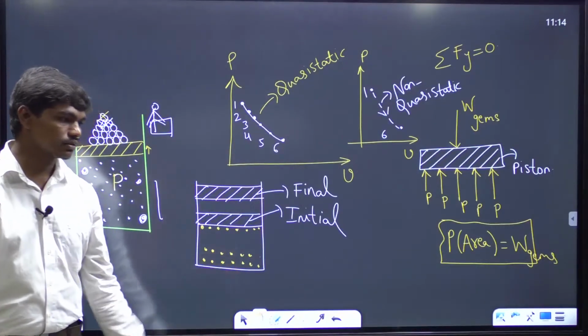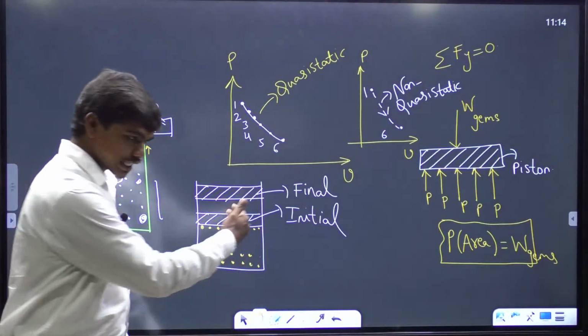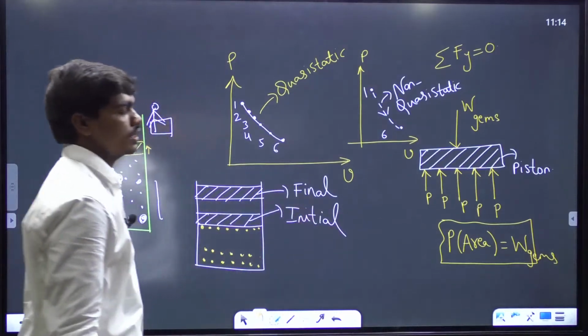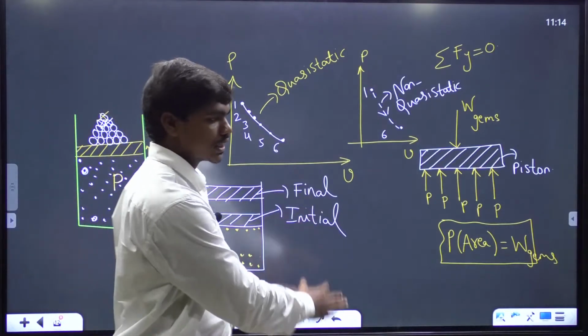So please take this. Reversible and irreversible is the next step. I'll go to that point now, once you understand what a quasi-static process is.